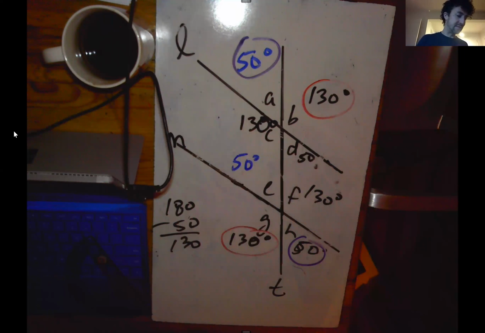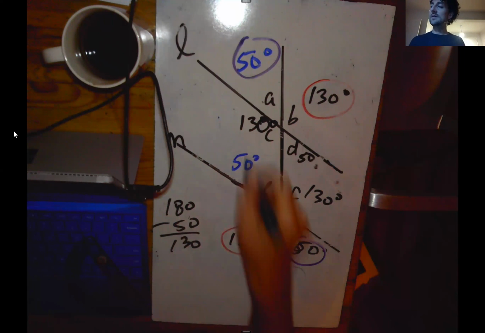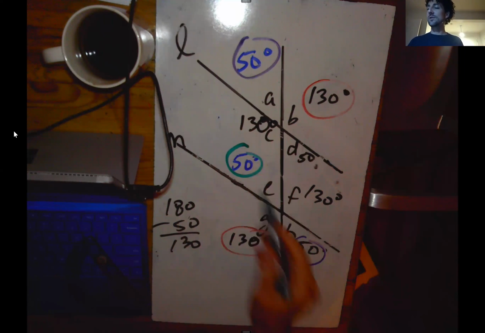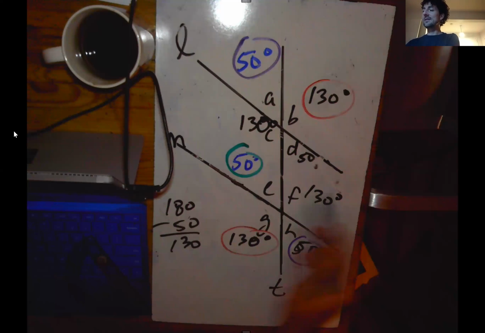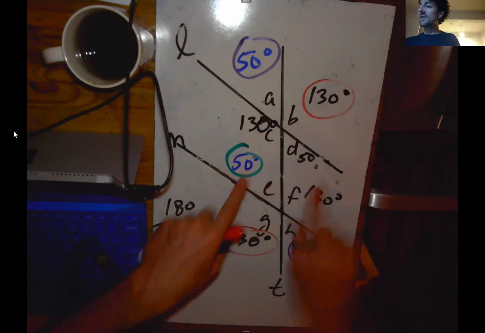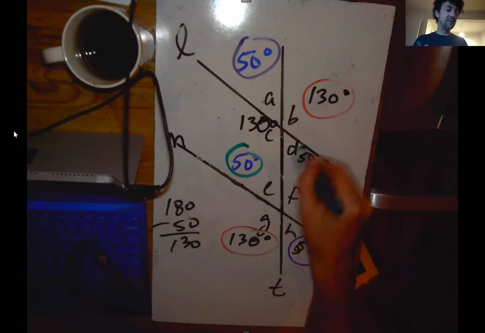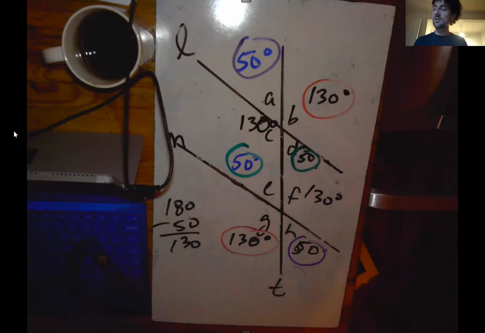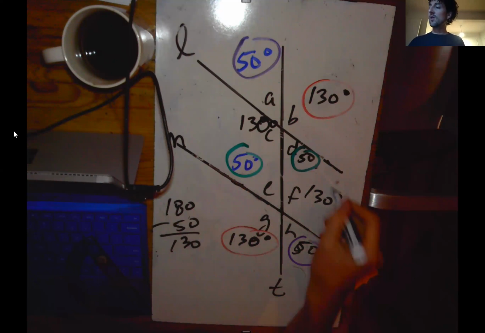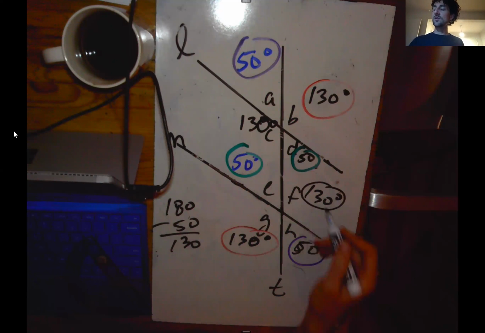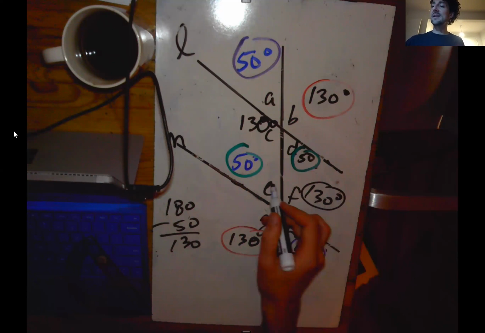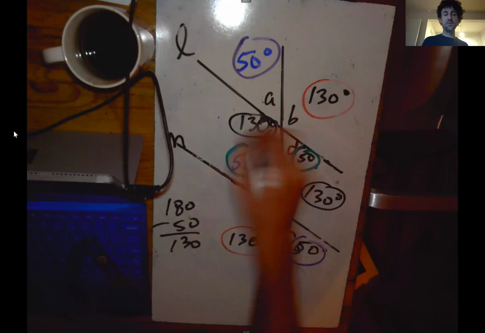Finally, let's go to the inside of the parallel lines. So 50 is interior and alternate interior with 50 here. So alternate interior angles are congruent, and we also see that with our 130s. Alternate, the other side of the transversal, interior, staying inside the two lines, are congruent.